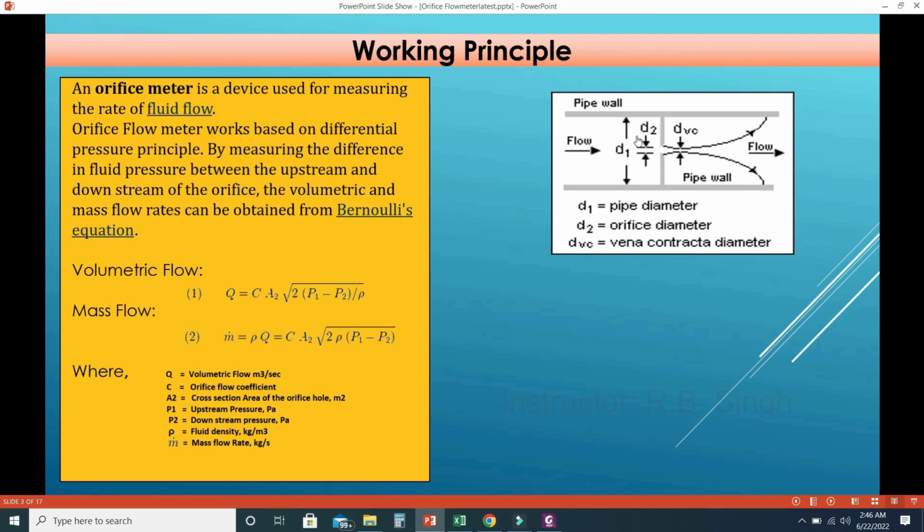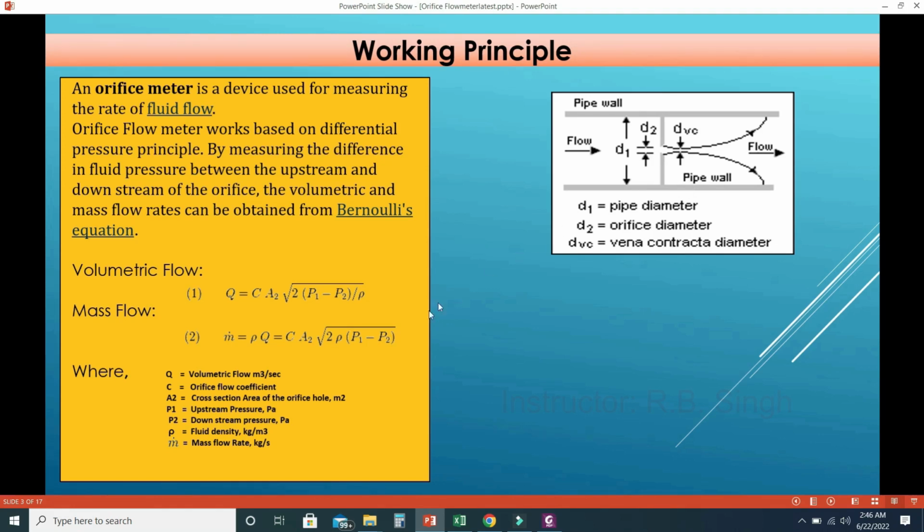Upstream pressure is called P1 and downstream pressure is called P2. The difference of upstream and downstream pressure is the differential pressure, which is P1 minus P2, and sometimes we denote it with delta P.